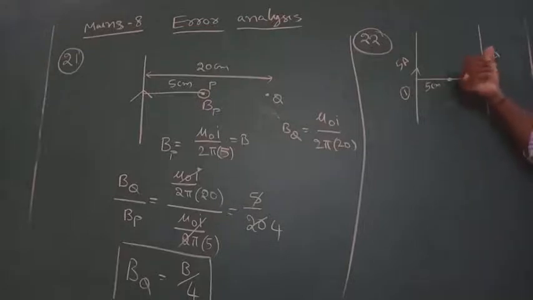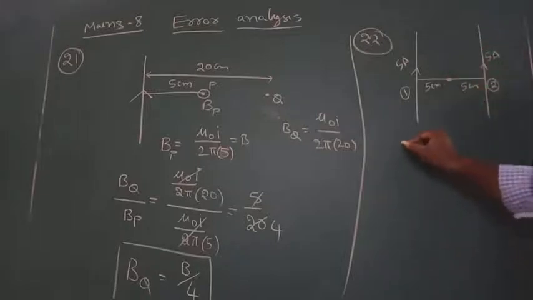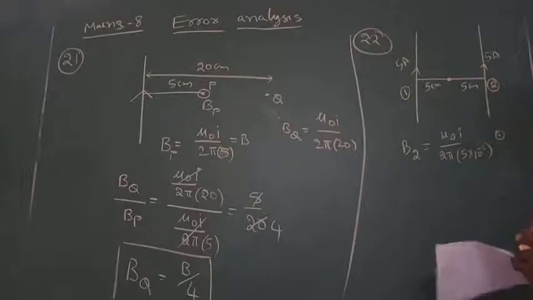Due to the first wire, current carrying represents the thumb. At this point the magnetic field is outward. So the magnetic field induction due to B2 is in the outward direction, that is mu naught I by 2 pi into 5 centimeters, which is 5 into 10 power minus 2. Which direction is there? Outward.